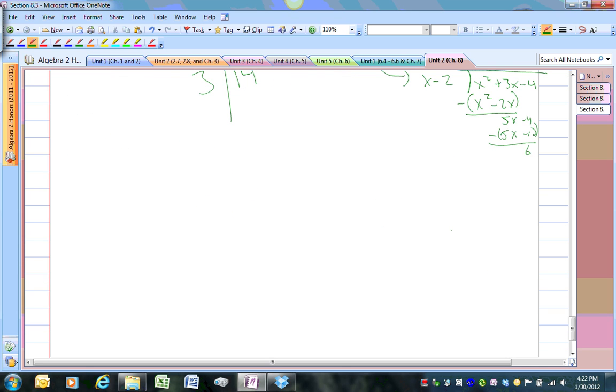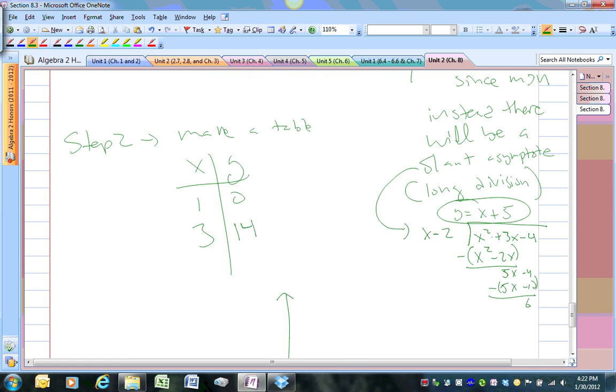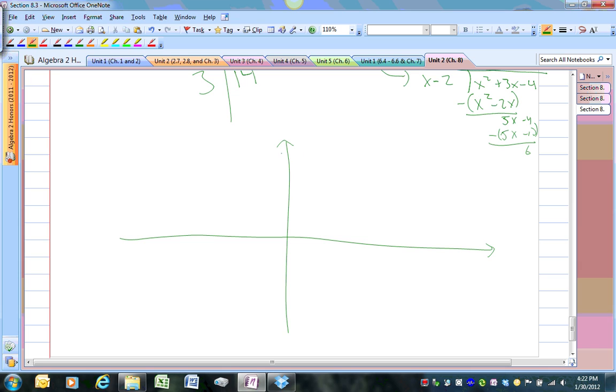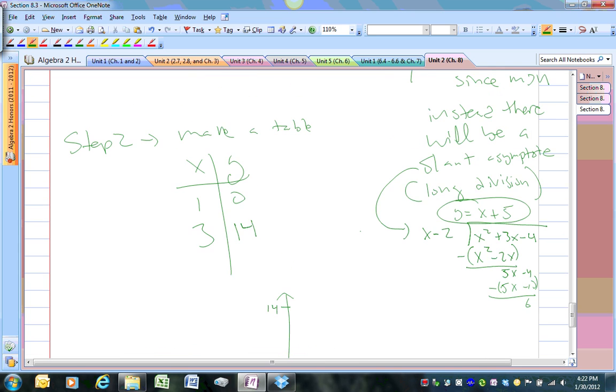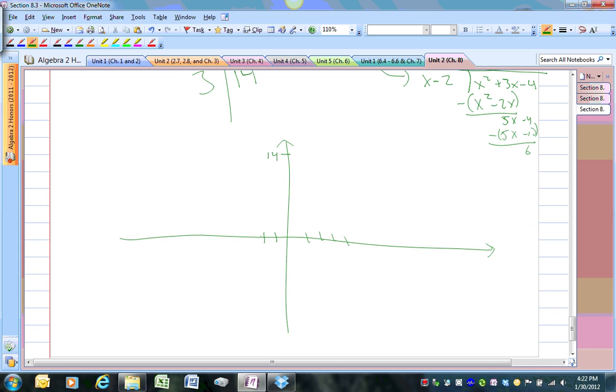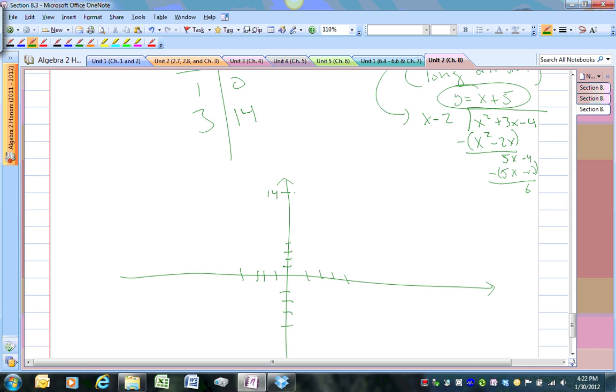So now we make the graph. Okay. So say this is 14. And we have 1, 2, 3, 4. 1, 2, 3, 4. 1, 2, 3, 4. So I plot 1, 0.